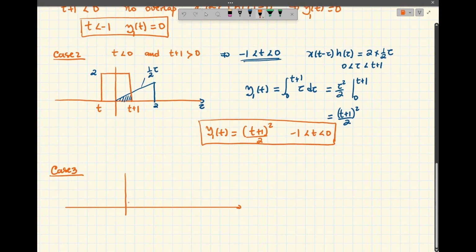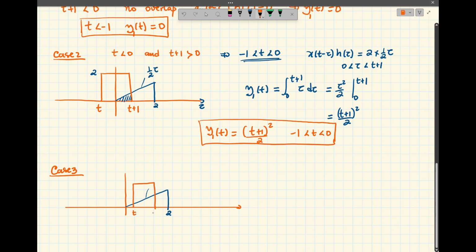So we have this is h of tau, and the graph of x will be like this.